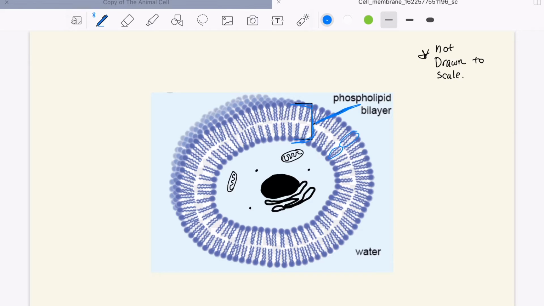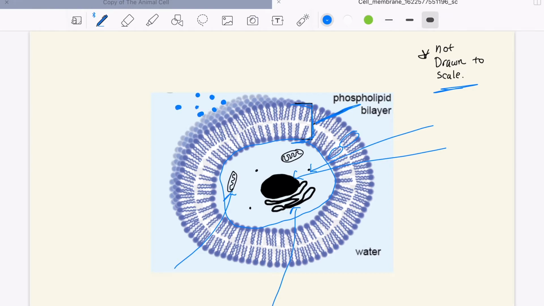And on the inside here, we have our cytoplasm, the mitochondria, the nucleus, the endoplasmic reticulums, the ribosome, and all other organelles. Remember, this is not drawn to scale. So now let's talk about how molecules go from the outside to the inside of the cell and from the inside to the outside of the cell.